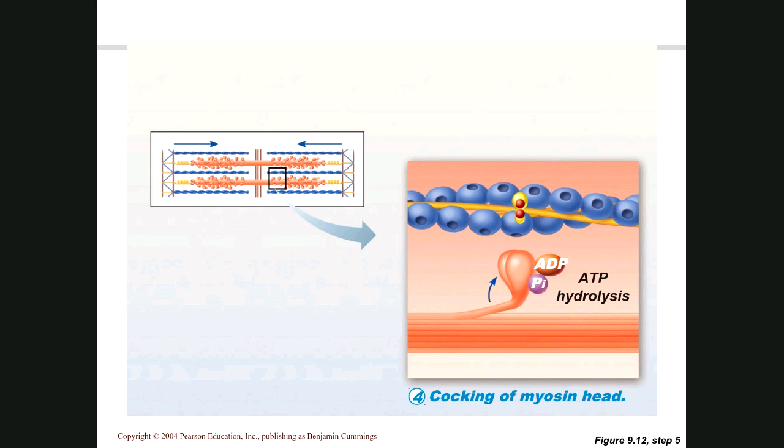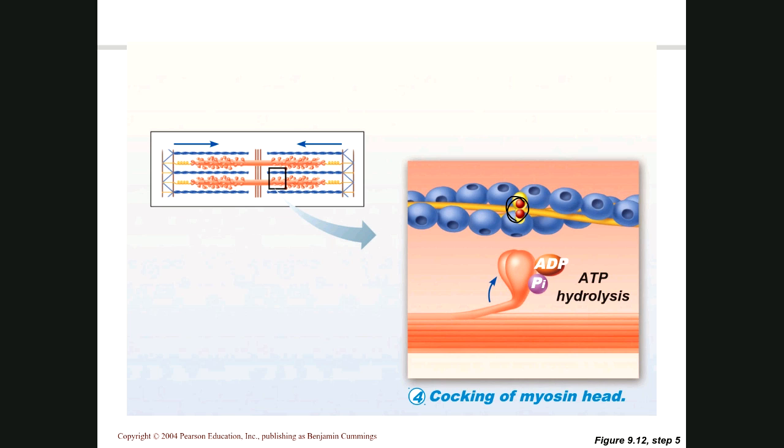Okay, as long as calcium is available and keeps the tropomyosin out of the way, and active sites on actin are available, this will continue to happen. So this is a continuous event as long as calcium is available. And calcium will be available for as long as the muscle is being stimulated. Okay, so this is a constant cycle.